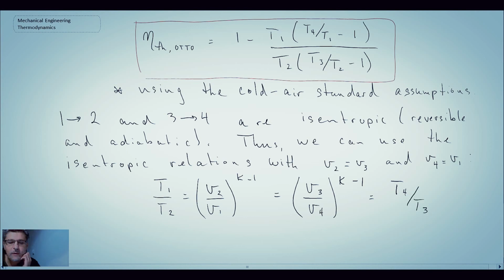So there what we obtain is relationships with our temperature ratio and volumes.